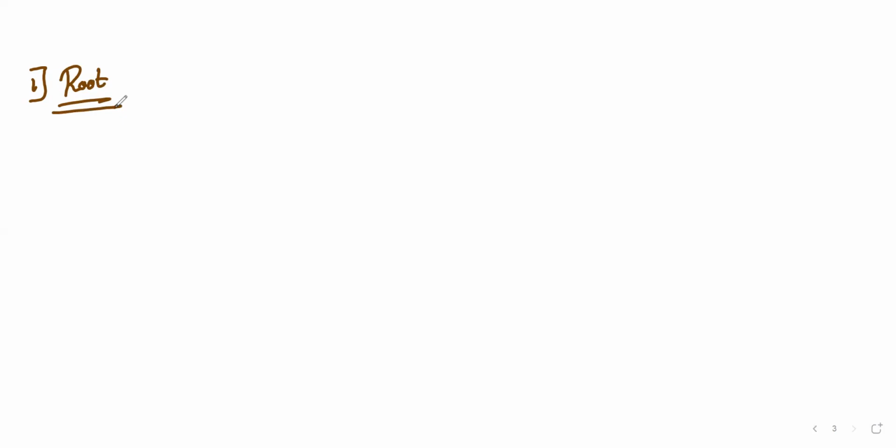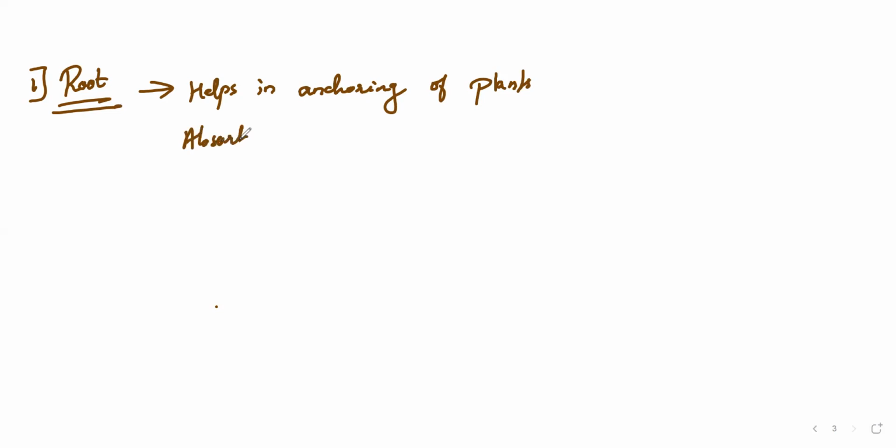So now what is root? Basically a structure, okay, which is being produced from the radicle, which helps in what? Anchoring of the plants, means fixation of the plants. Plus, it helps the plants to absorb water and nutrients.